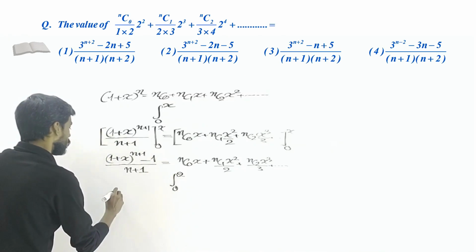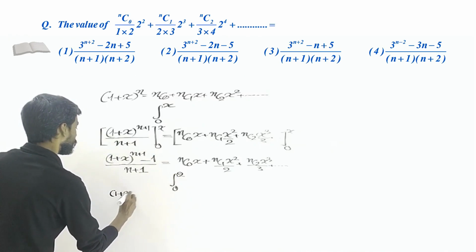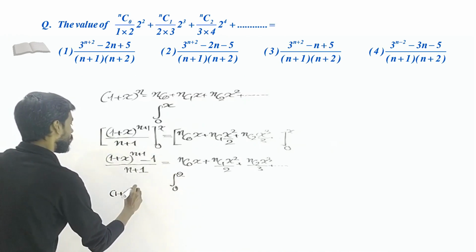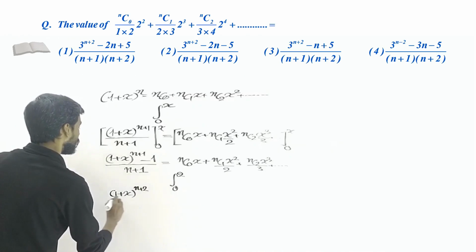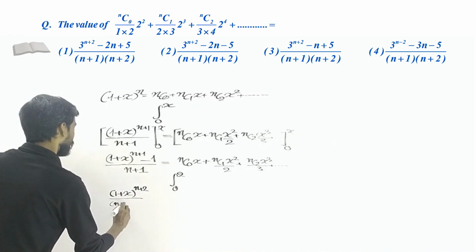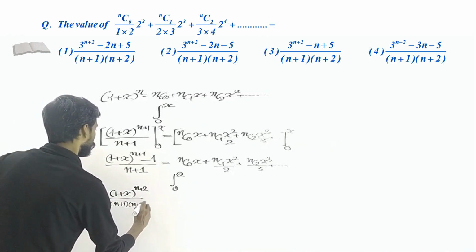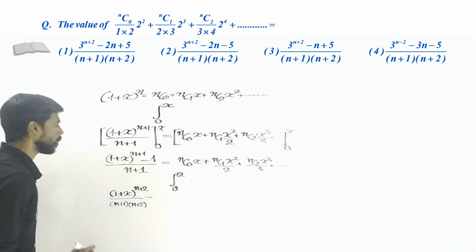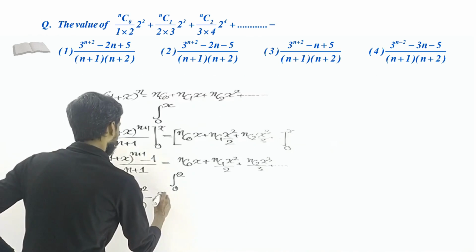So if you do the integration of this, this is (1 plus x) to the power n plus 2 divided by n plus 2. But already n plus 1 is there, so n plus 1 multiplied by n plus 2, minus, this integration is just x, right? x divided by n plus 1.